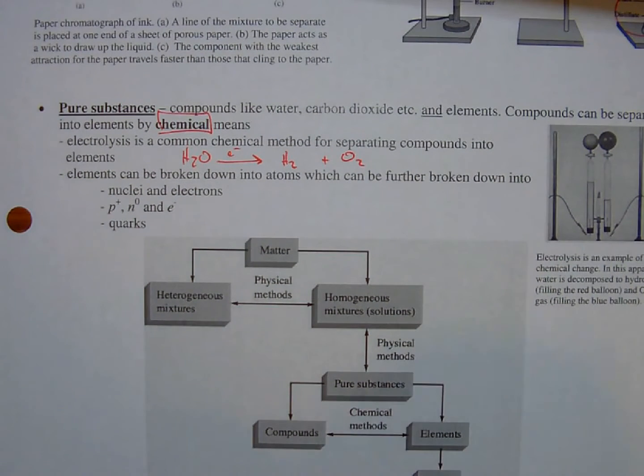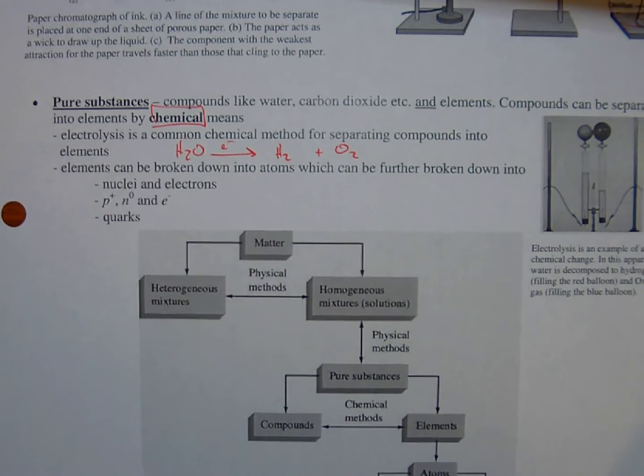For example, any element can be broken down into its nuclei and electrons, right? You have the central nucleus, and then you have the electron cloud around it. We can then break down the nucleus even further into protons and neutrons. And then we can go even further. We can identify quarks, right? The protons and neutrons are made up of quarks.